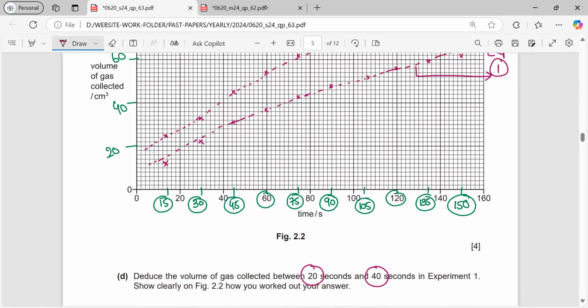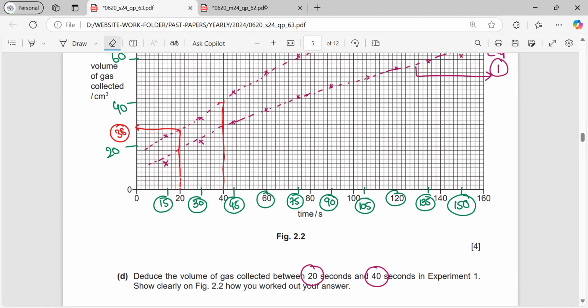At 20 seconds, we will just extend it upwards, and for 40 also, between 20 to 40 seconds. Here in 20 seconds, we are getting almost 38.